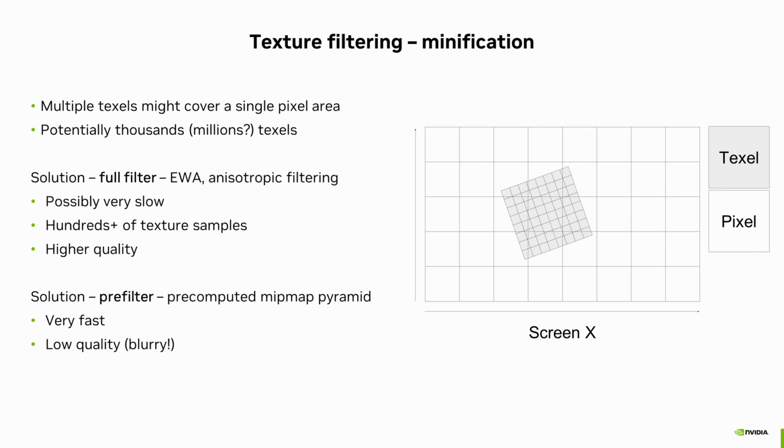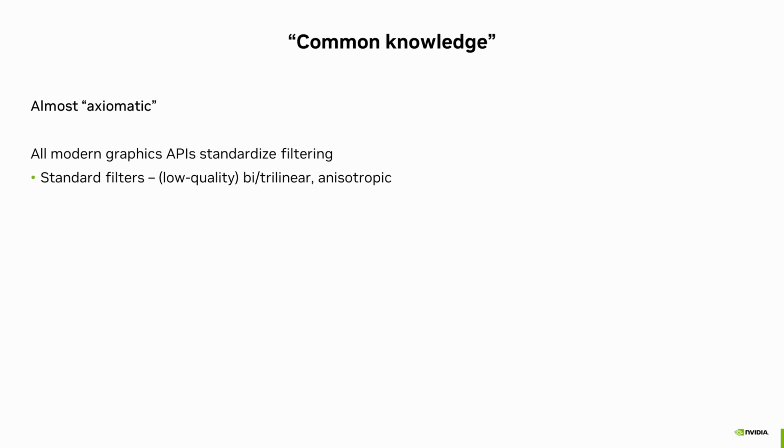However, it's also very low quality and blurry. For this reason, most game engines use some kind of hybrid approach, such as combining MIP mapping with hardware anisotropic filtering. So far, those techniques I described are considered obvious, common knowledge, and almost axiomatic.